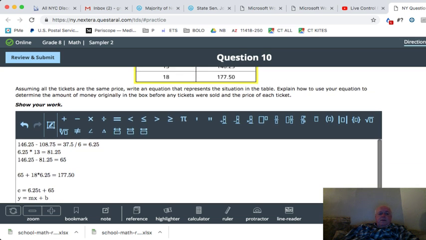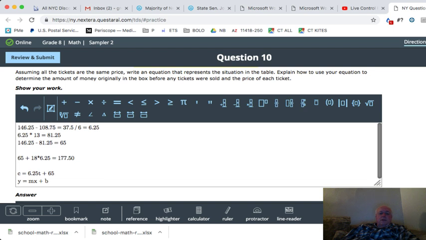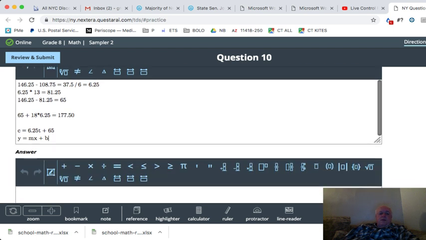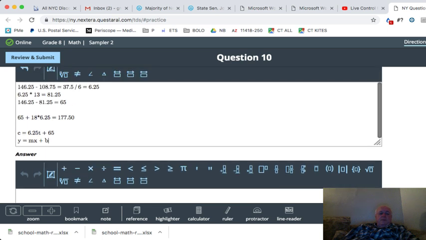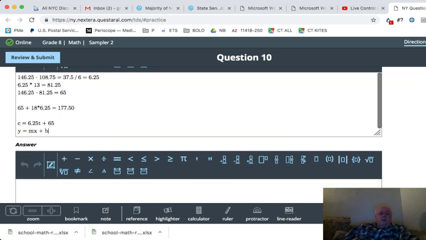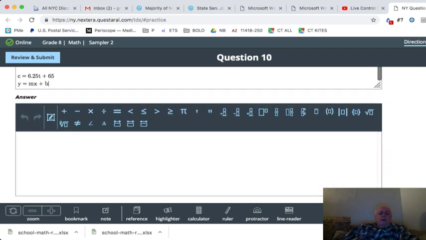And let me see back here. Explain how to use your equation to determine the amount. That's more or less what I just said. So the answer is going to be this here. We would type that back into there. Okay, that's to show your work. The explanation would be the initial value would be 65.